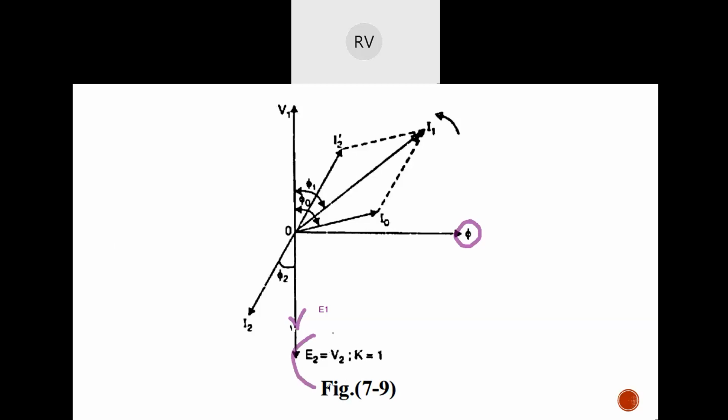So E2 will be equal to V2, and for simplicity of the phasor diagram we are taking K equal to 1. Now we know that there will be a current I2 because of the load, that will be lagging V2 by phi 2.